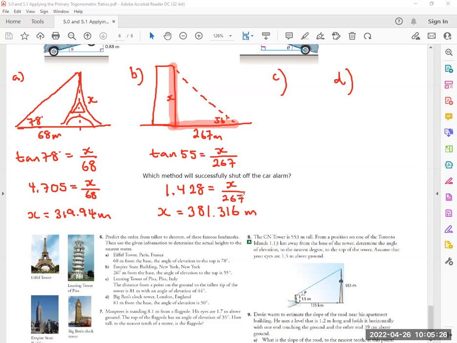What I did was I got x all alone, and I got rid of the division by 267 by multiplying both sides by 267. So multiply by 267 on both sides, and this becomes just x. How about I keep the sides consistent? I will draw it as this.